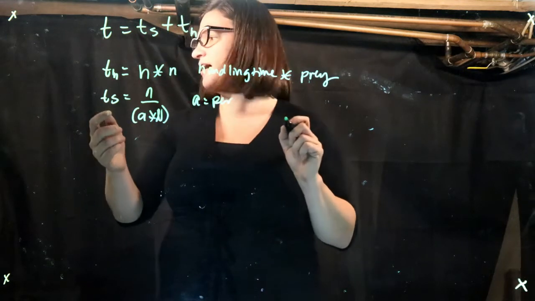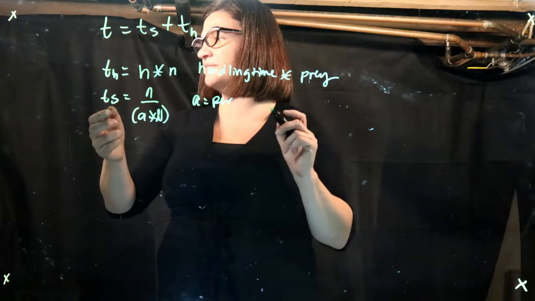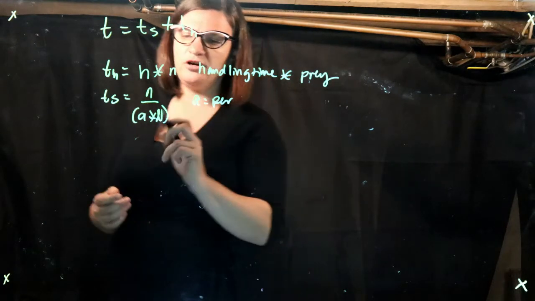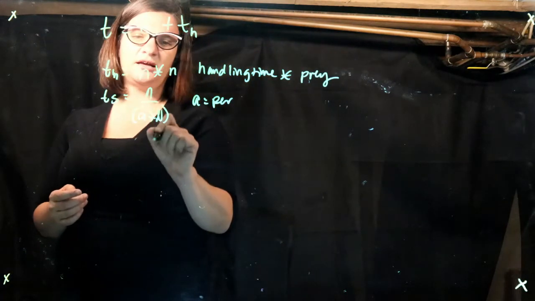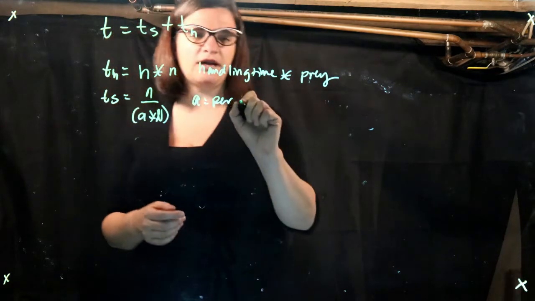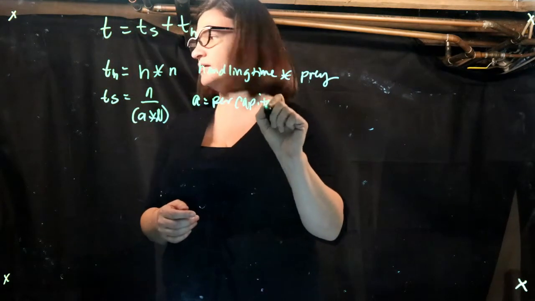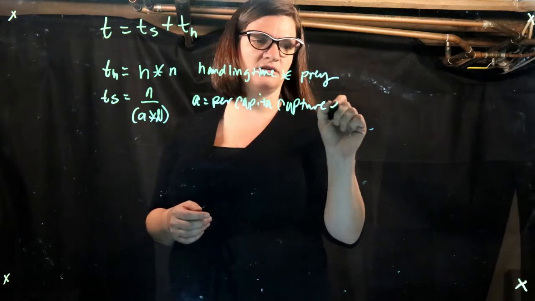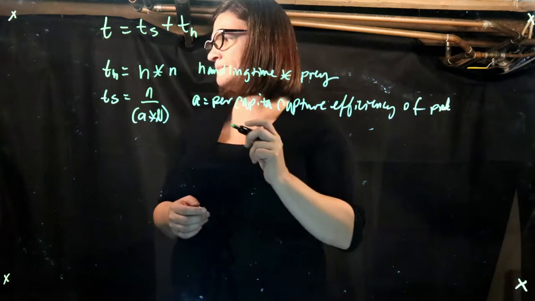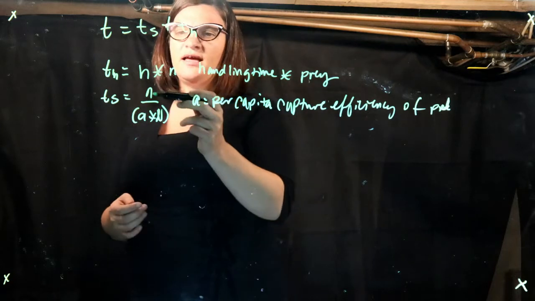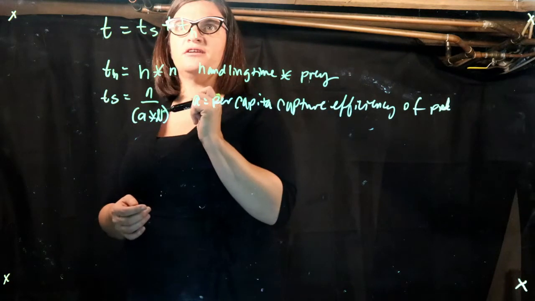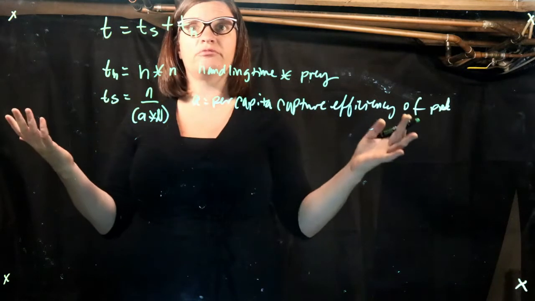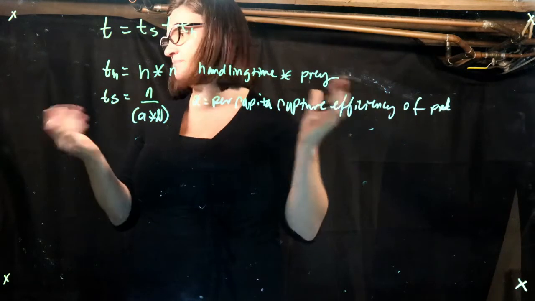And then we're going to have T of S, and that's going to equal n over A times capital N. A is the per capita capture efficiency of the predator. And of course, n is the number of prey that they're eating, and capital N is the total number of prey that are in the habitat.